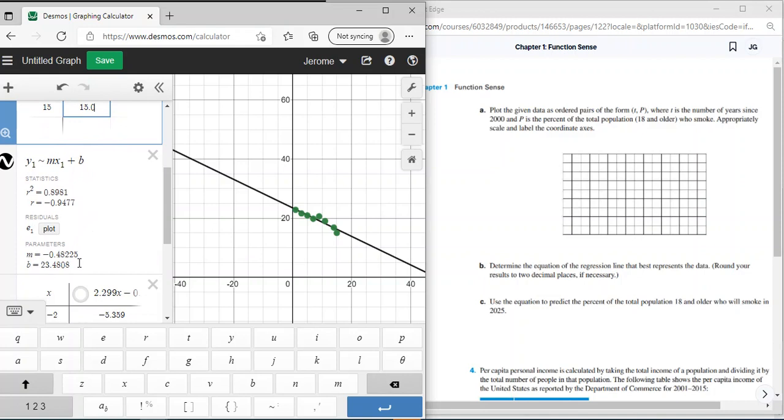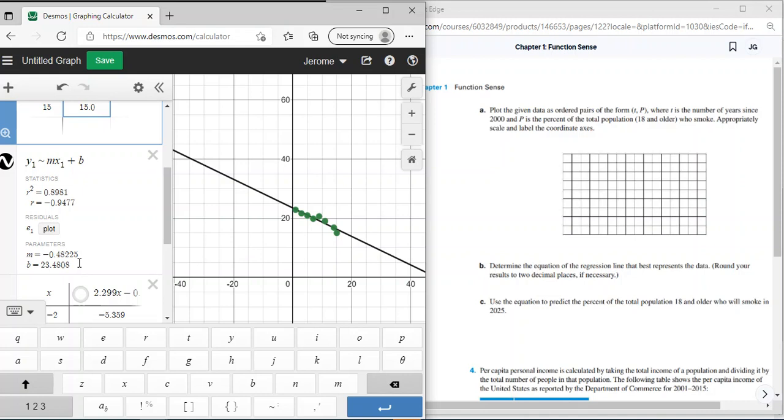So with that being said, your equation for B would be y equals mx plus b. We're substituting the variables. We have P is equal to MT plus B. And then we would substitute.